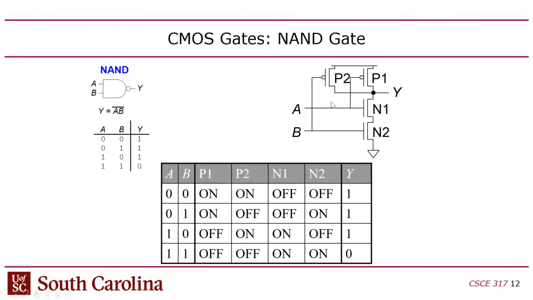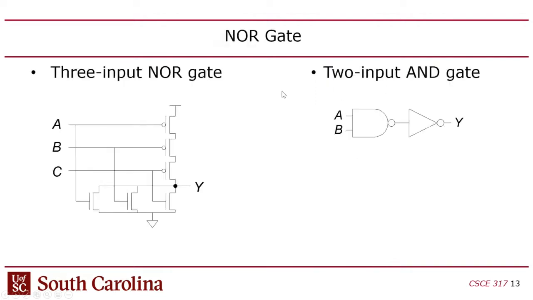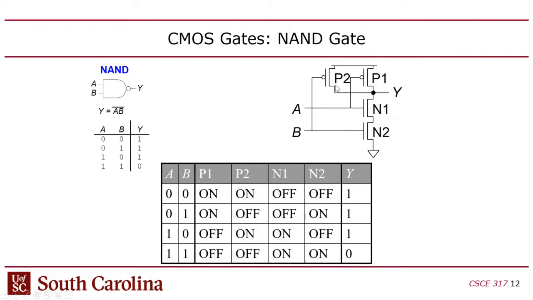And what that does is it sets it up to where if either A or B is 0, it will activate one or the other, or both, of the pull-up transistors, right? So you only have to have P1 turned on or P2 turned on or both turned on in order to pull Y up to VDD, because only one of these 2 PMOSs needs to be turned on because they're in parallel.